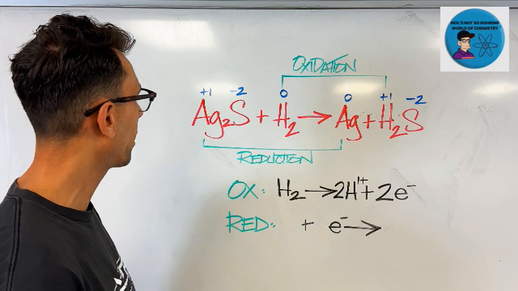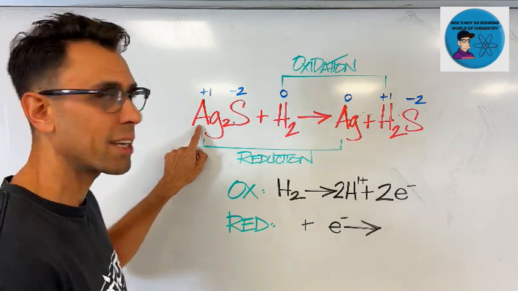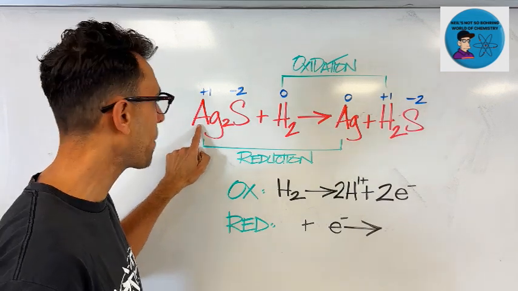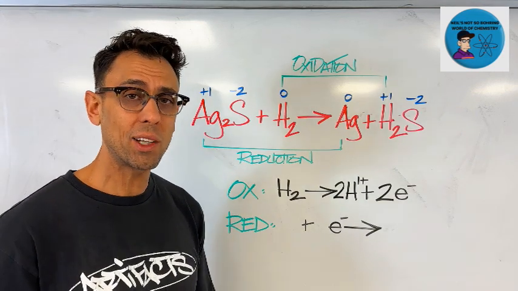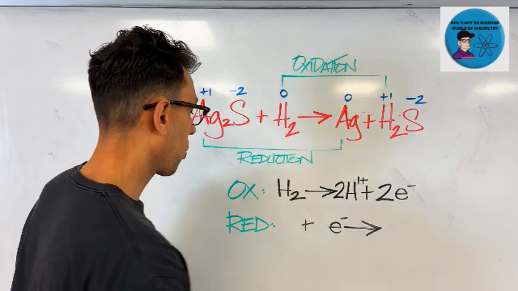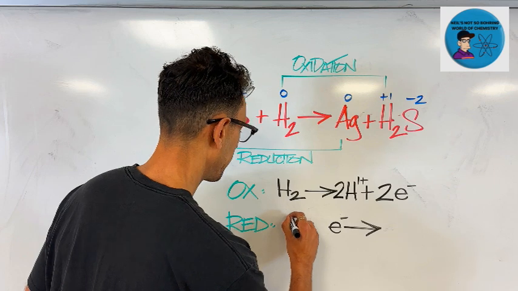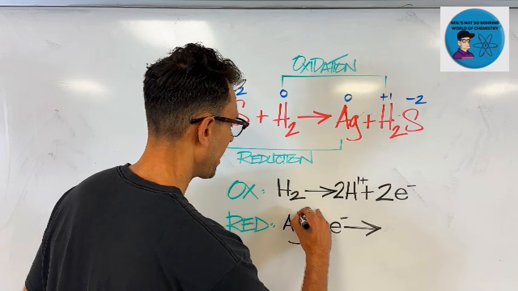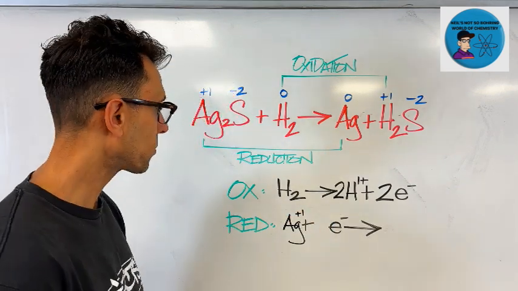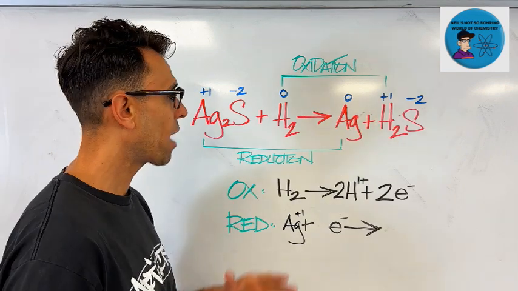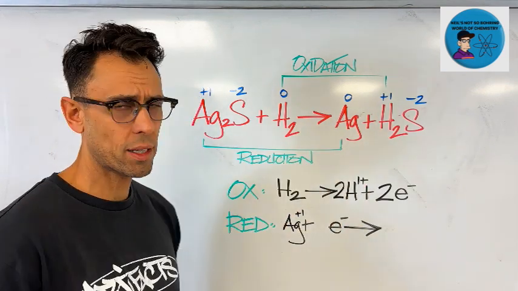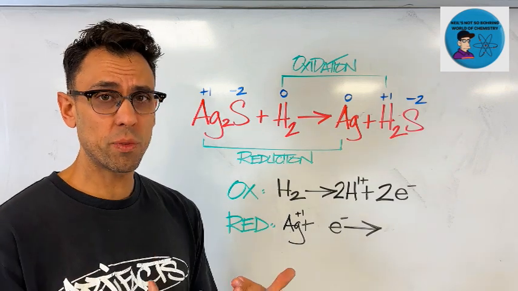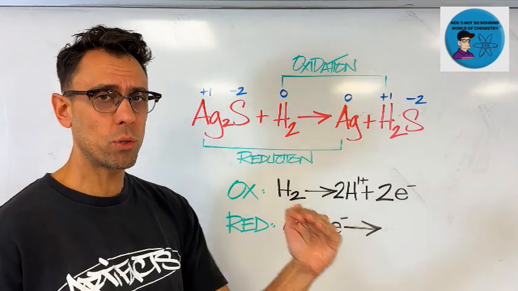So let's focus on our silver. Now, silver here is part of a compound, right? And what's it doing in that compound? Well, it looks like it's acting as an ion with a +1 charge. So we're going to have our Ag+. Now, on the right side of the arrow, the silver has become neutral. It's got a 0 oxidation number. So there's the reduction, right? +1 down to 0.